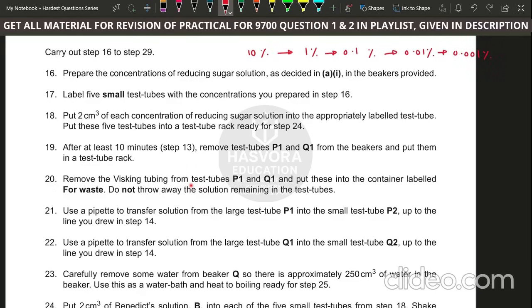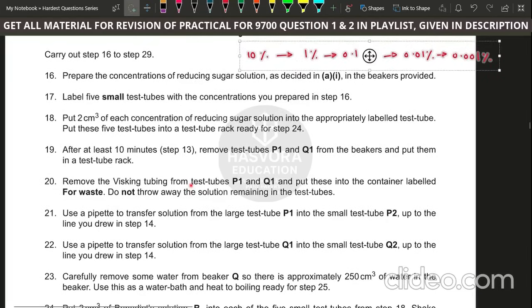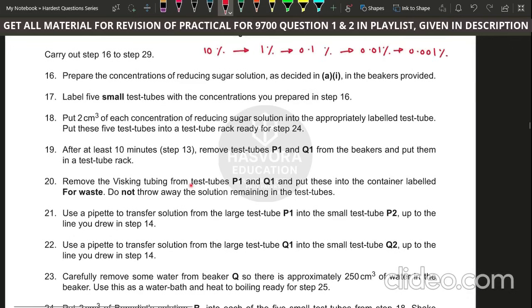Okay, so you have just prepared all these concentrations. Label 5 small test tubes with the concentration you have prepared. So we will have to label those test tubes, and then put 2 cm cube of each concentration of reducing sugar solution into the appropriately labeled test tube.